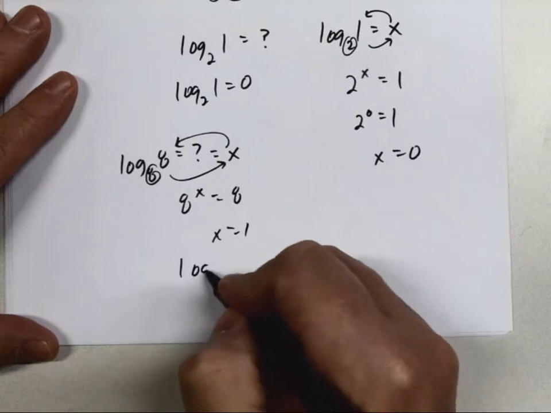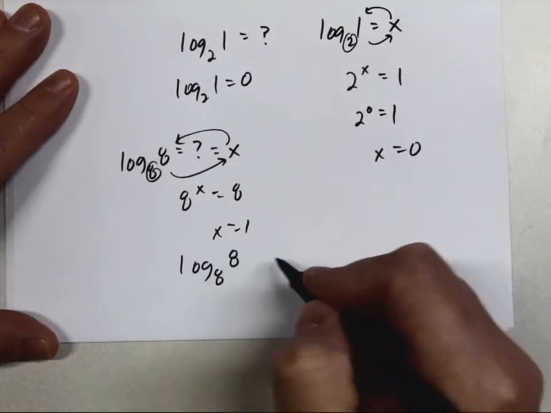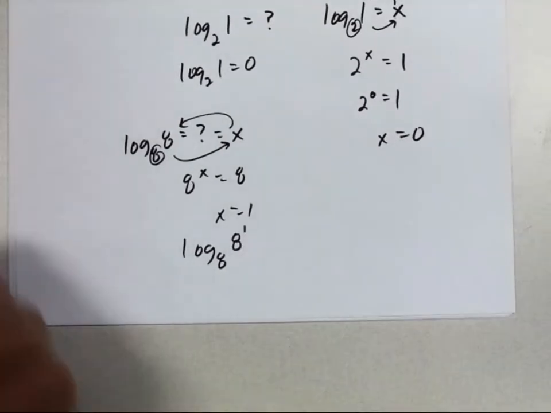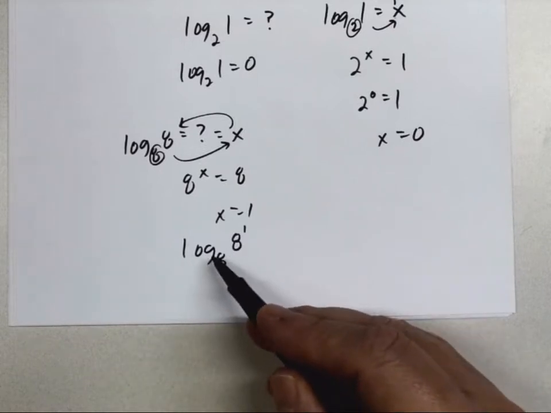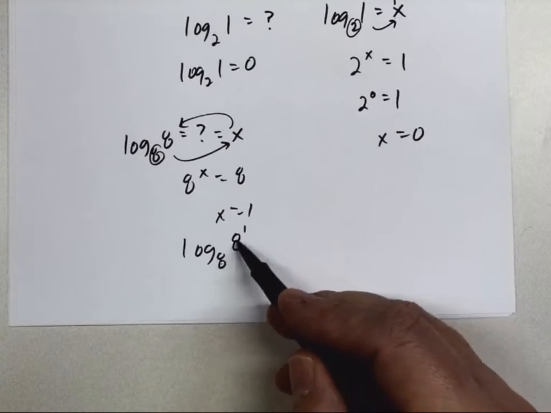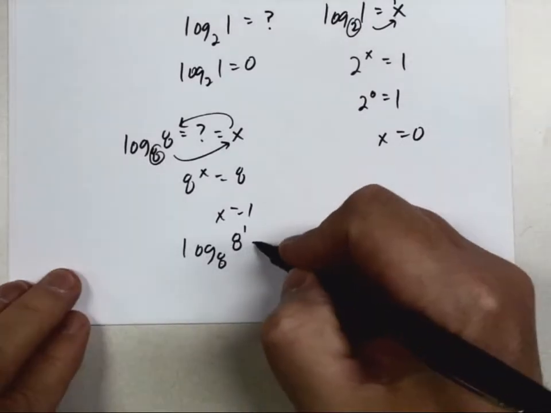Here's why I said some of you might have known this already. You know what this is? If you think of an exponent of 1, this actually goes back to our special rule we learned. Log base 8 of 8 to the first. Remember what happens? Those cancel out.